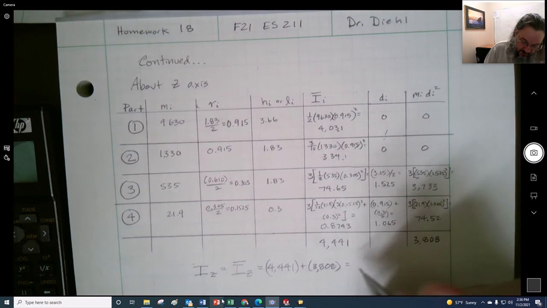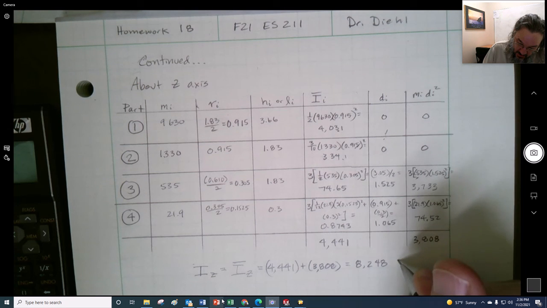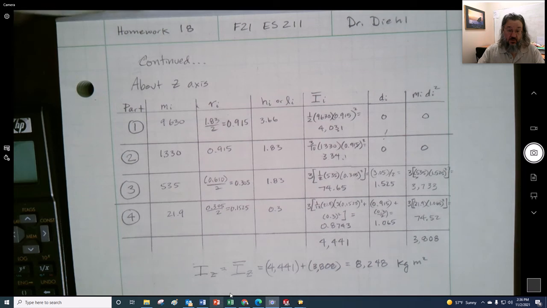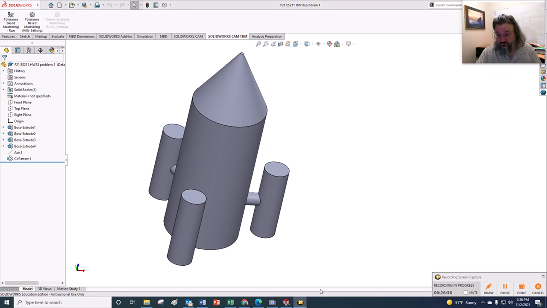So we add them together, and we get 8,248. And these are kilogram meters squared. And let me take a look at my time. I might want to break this up into another video. Yeah, my time's at 26, so I got to go to another video. Maybe it'll make it faster.